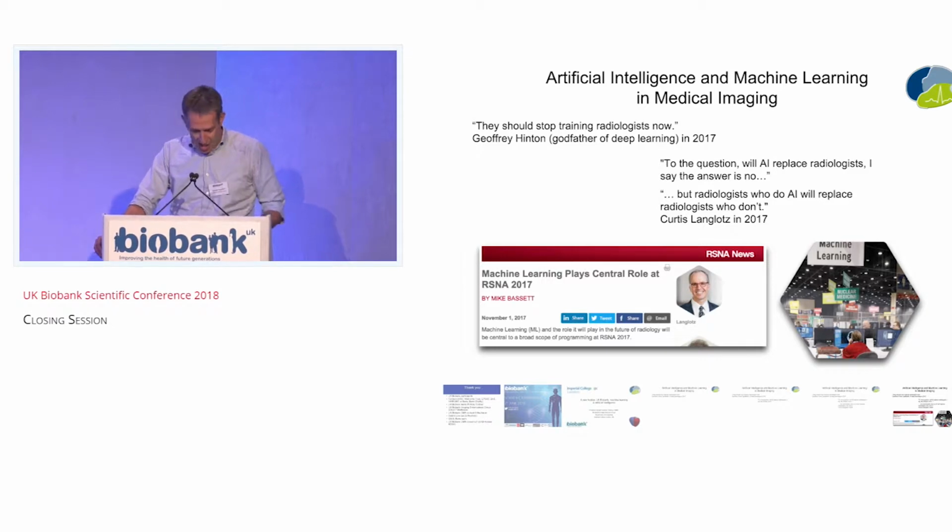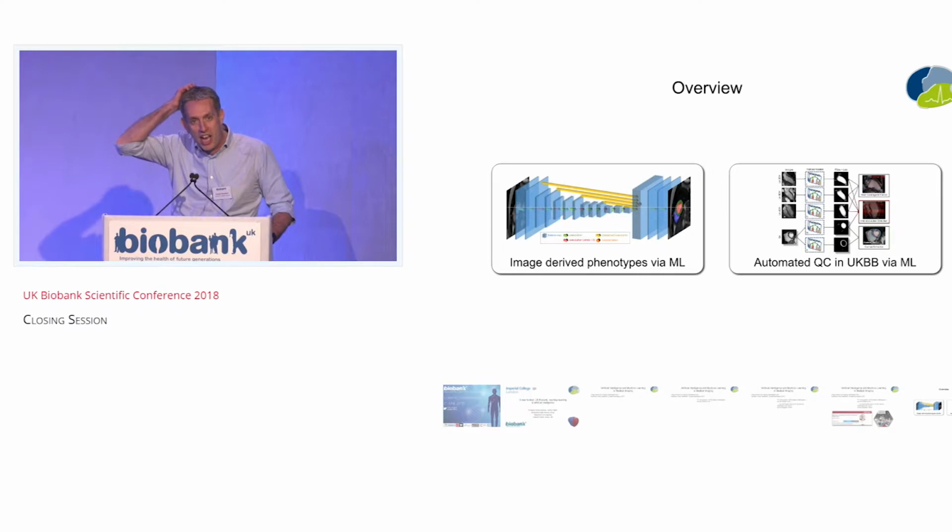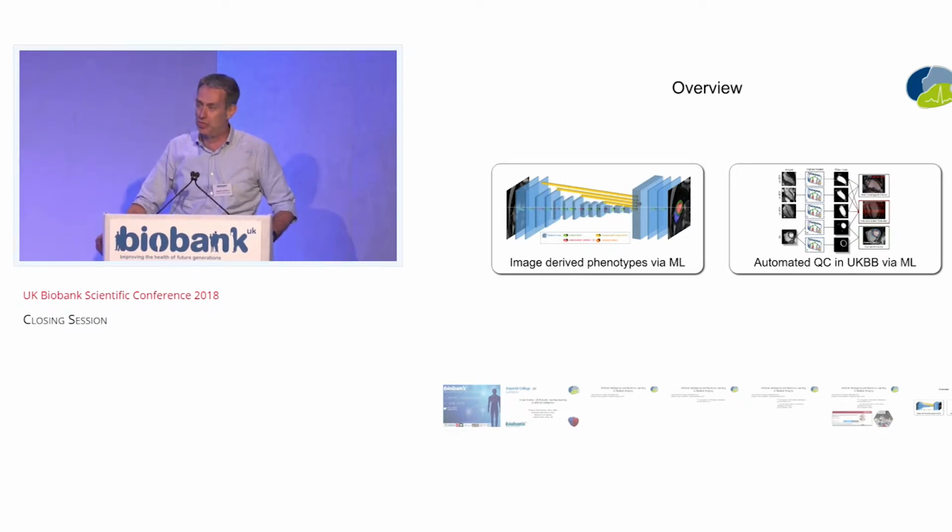I wanted to highlight two specific aspects where AI could be useful. Stefan has already pointed out how we derive image phenotypes from the data, but I also wanted to highlight how we can use machine learning for automated quality control.